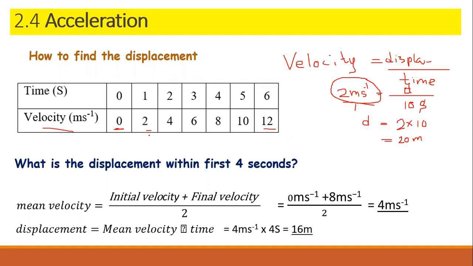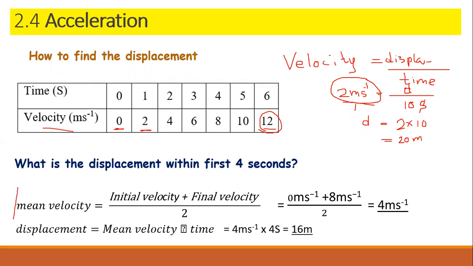There's no movement. But it is not 2 either, because if it is 2, it may not travel a long distance like that. But it is not just 12 either, because at the beginning it's just 2, 4, 6 like that.